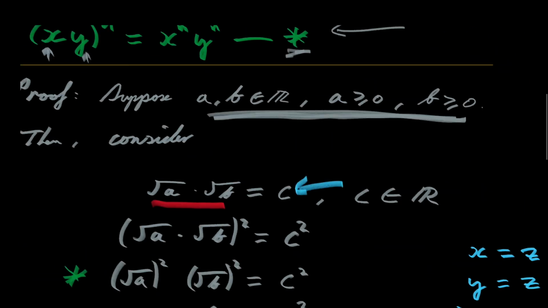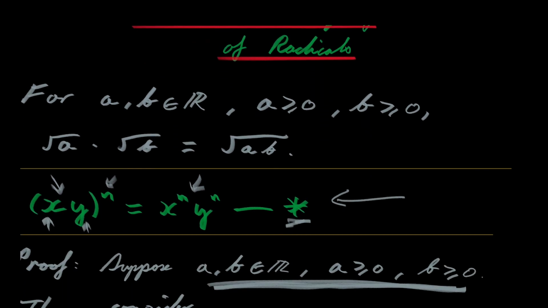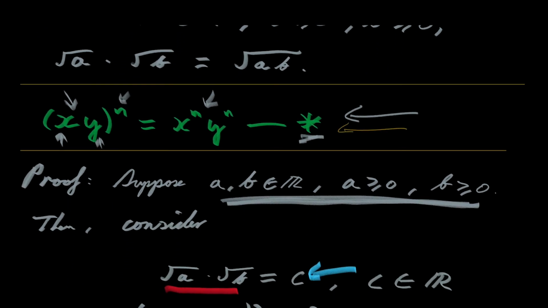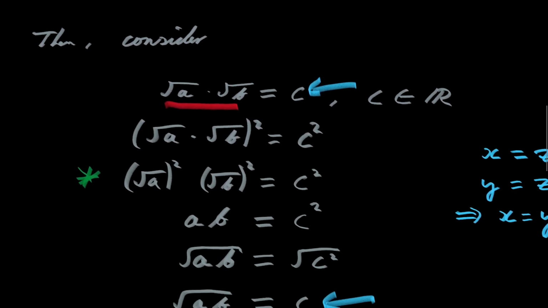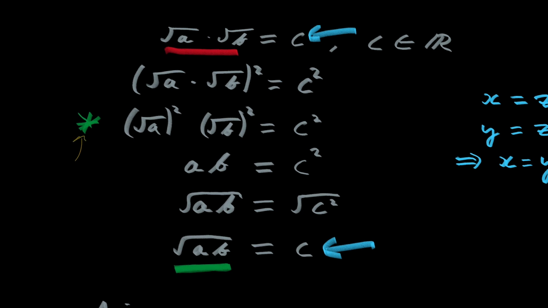So the product property of radicals, for A and B in the reals where they're both non-negative: the square root of A times the square root of B is equal to the square root of A times B. We used this property of exponents, or powers, or indices, whatever you want to call them, written in green, in our proof. That's where we used it. I'll prove that property in some other video.